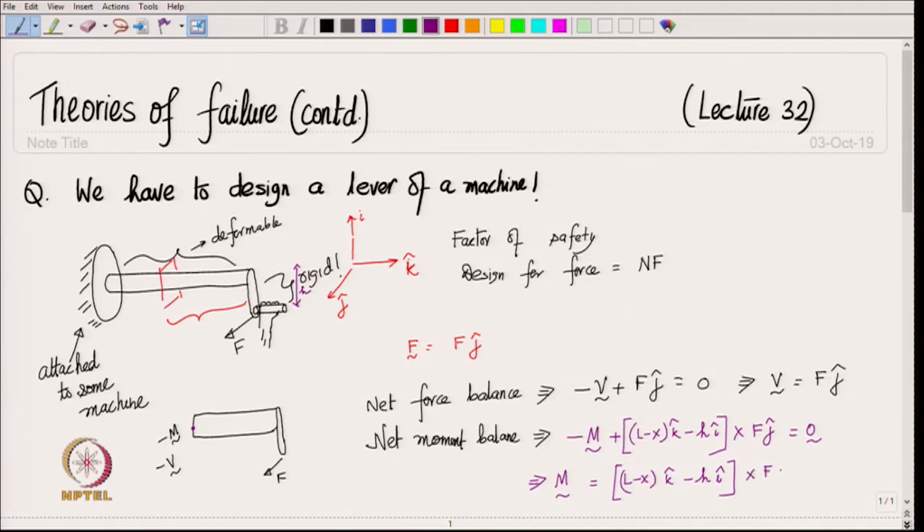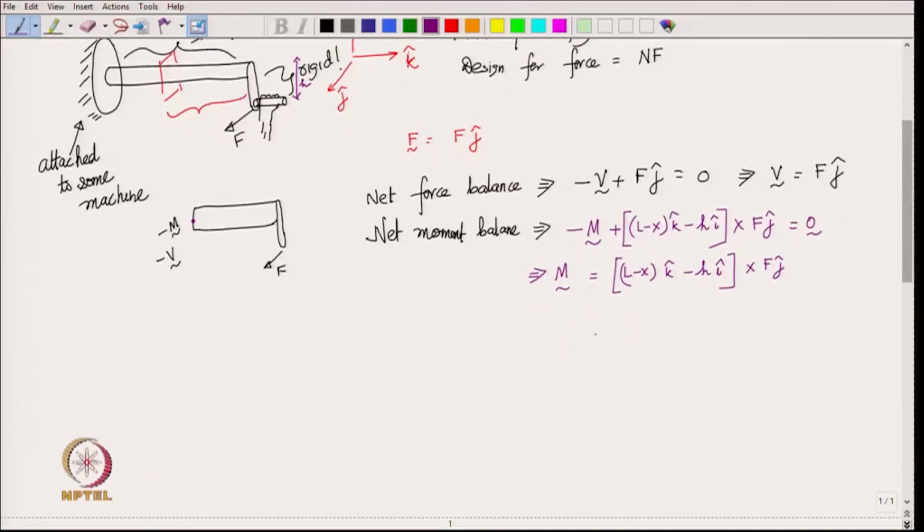cross product F j, and finally, this is then equal to minus of (L minus x) into F i minus h F k. Okay, so, bending moment has got two components, one along i and other along k. So, that is a total moment.